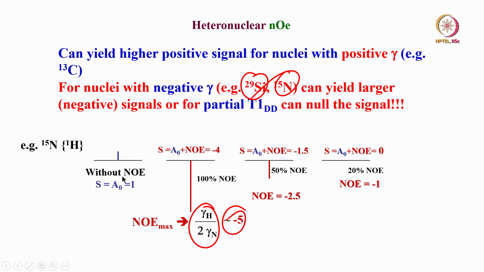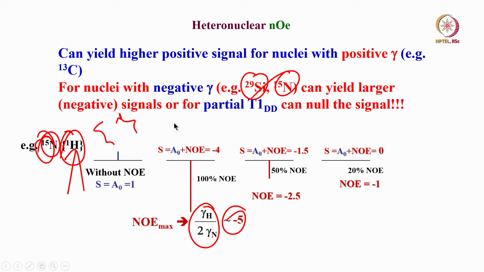Look at the situation for this. A hypothetical case, we are observing nitrogen 15, decoupling proton. We are observing 15N while decoupling proton. The decoupling nucleus is always given in flower brackets, you know that. So, without any NOE, the intensity, let us say we call it 1, it is a stick plot.